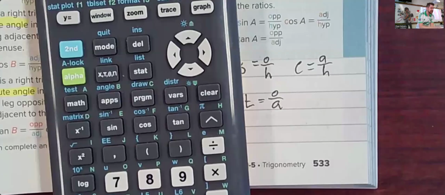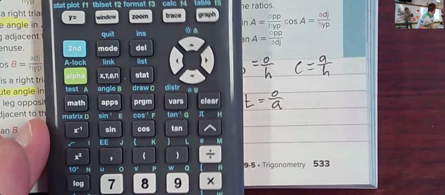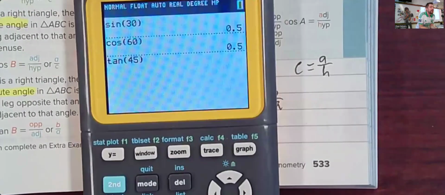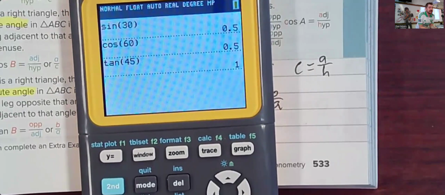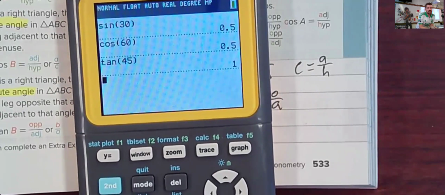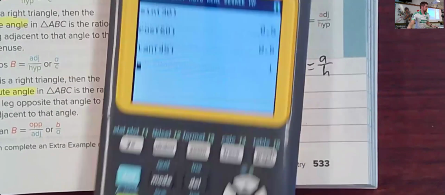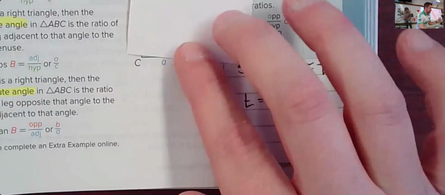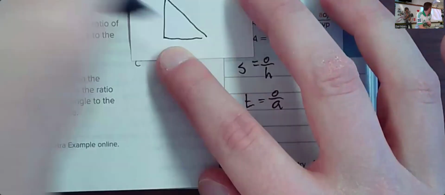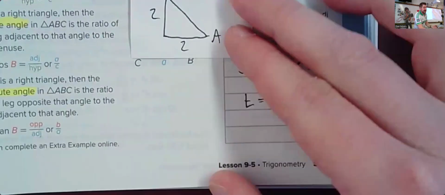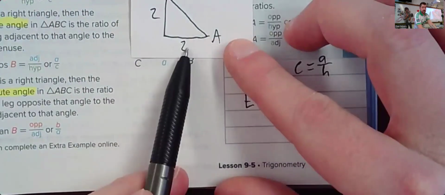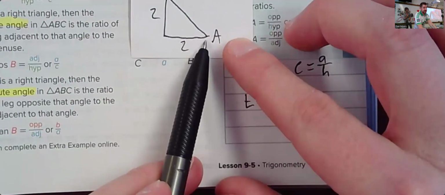Type in the tangent of 45. It's 1, because you're comparing two sides of an isosceles triangle that are the same. Say we get ourselves a 45, 45, 90, and we'll call that angle A. Let's say that's 2, which means that has to be 2. The tangent of A is going to be 2 over 2, which is 1. A is 45 degrees, so the tangent of 45 is 1.